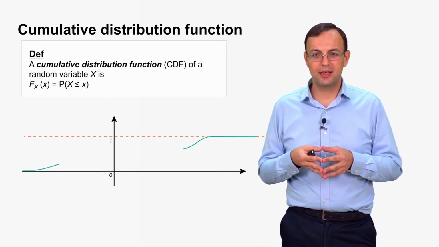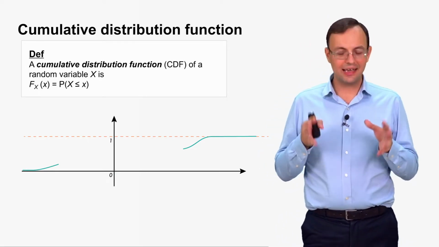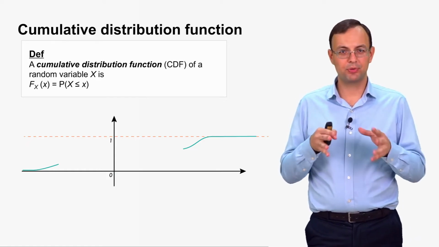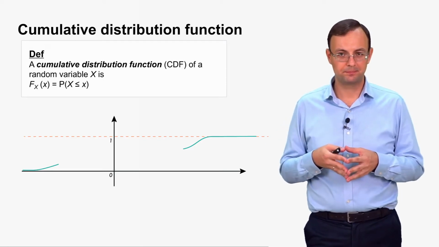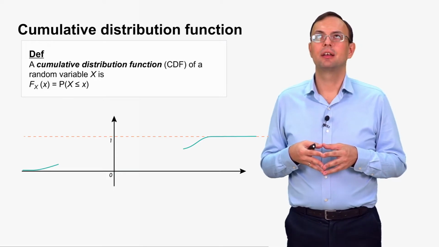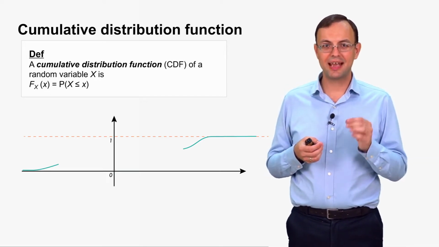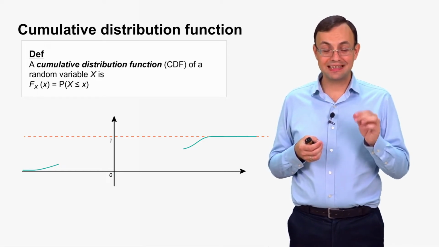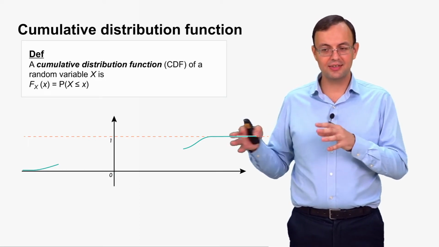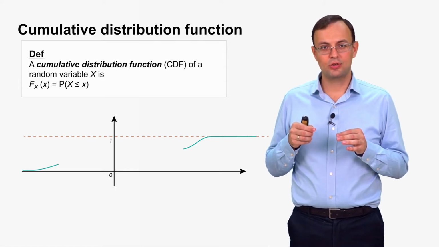So let's imagine that x is the height of the first person I will meet on the street. And let's consider two probabilities: the probability to meet a person with height less than 160 centimeters, and the probability to meet a person with height less than 170 centimeters.